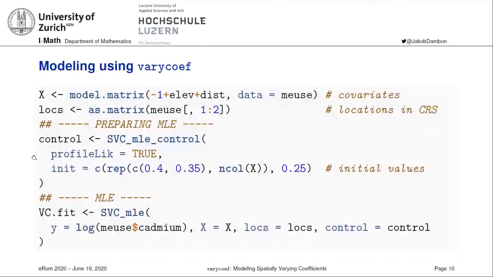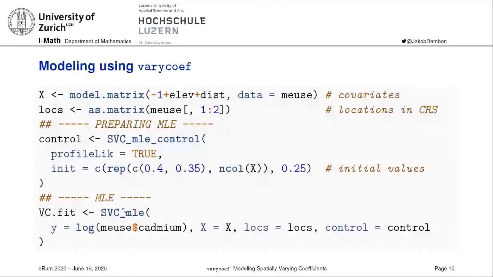This speeds up things even more because it reduces the dimension of the parameter space. And once all of these are defined, you can then run the maximum likelihood estimation using the SVC_MLE function.